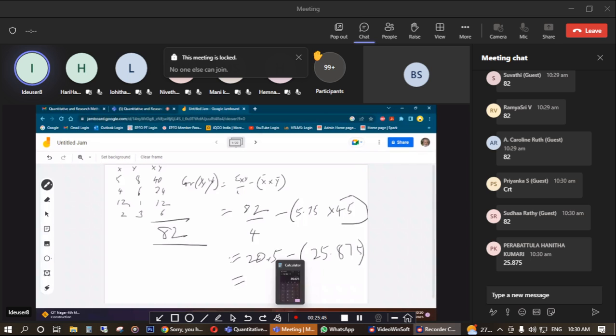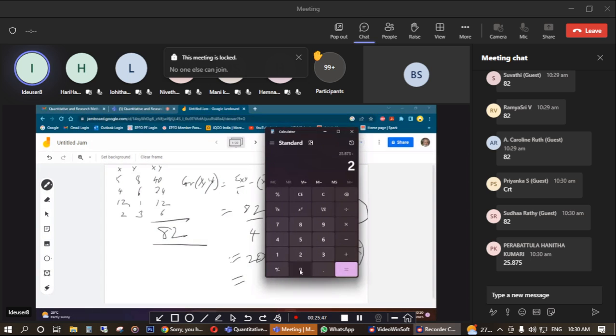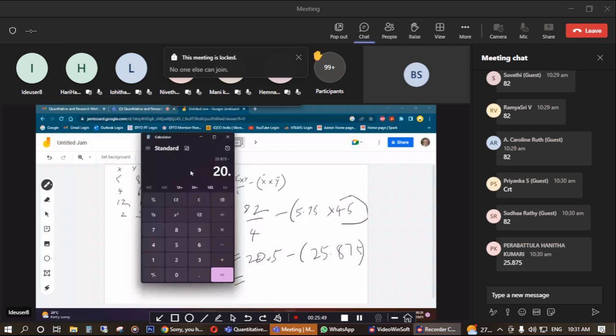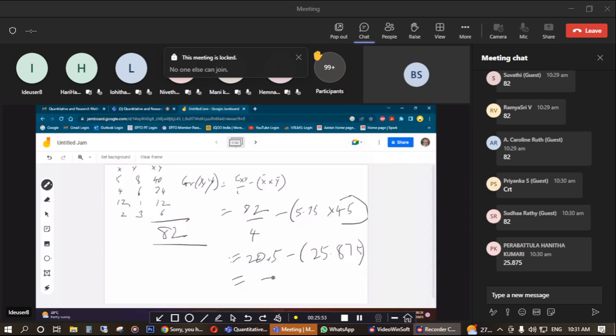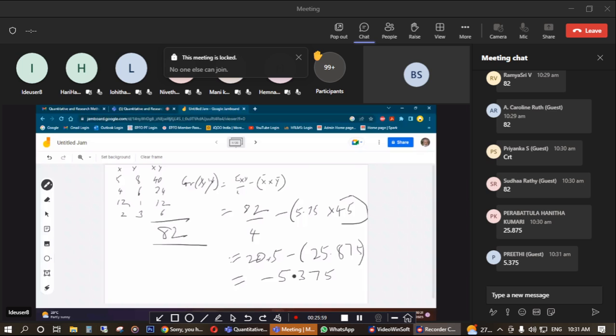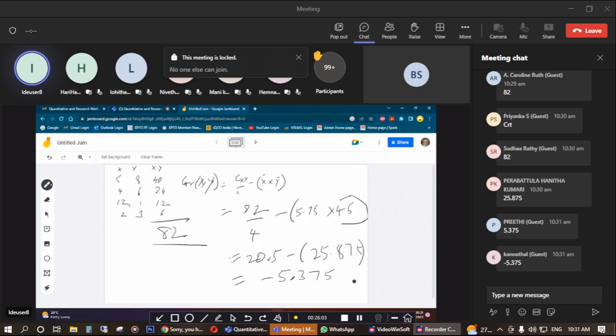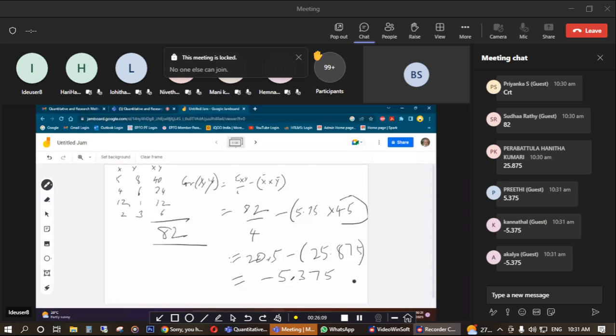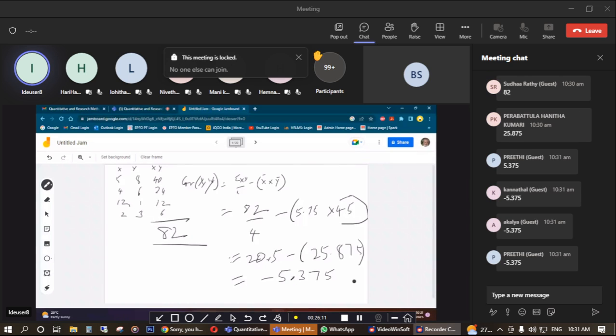How much is it? Minus 5.375. Okay, so that is the covariance value. Covariance value is minus 5.375.